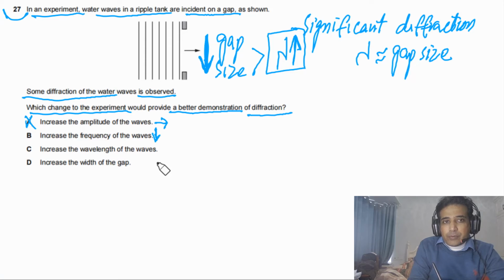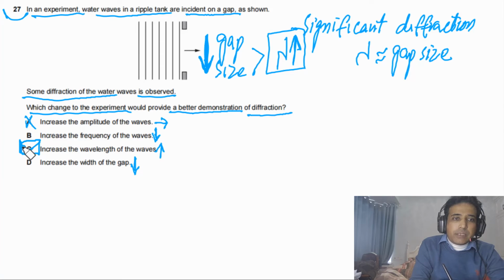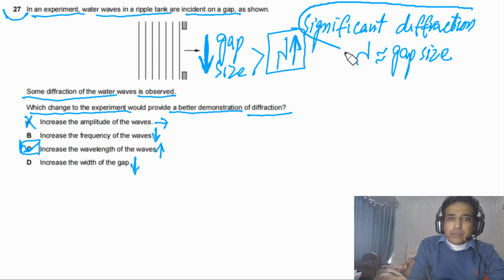Increase the wavelength of the waves, yes, so this is possible answer. Increase the width of the gap, this will minimize diffraction. So the answer for this question is C. So this is the main point you need to understand. Significant diffraction will take place when lambda is about equal to gap size.